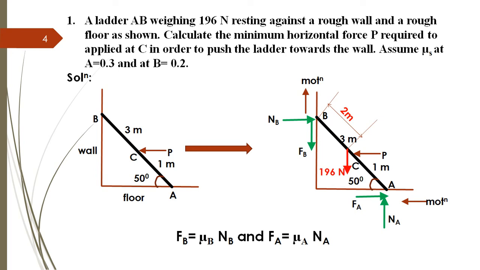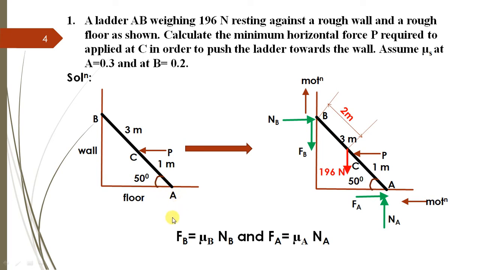Assume mu s is 0.3 at point A and 0.2 at point B. After reading the statement, it is clear that it is resting against a rough wall and a rough floor. When these words are there, rough wall and rough floor, it indicates that there must be friction offered by the wall as well as the floor.